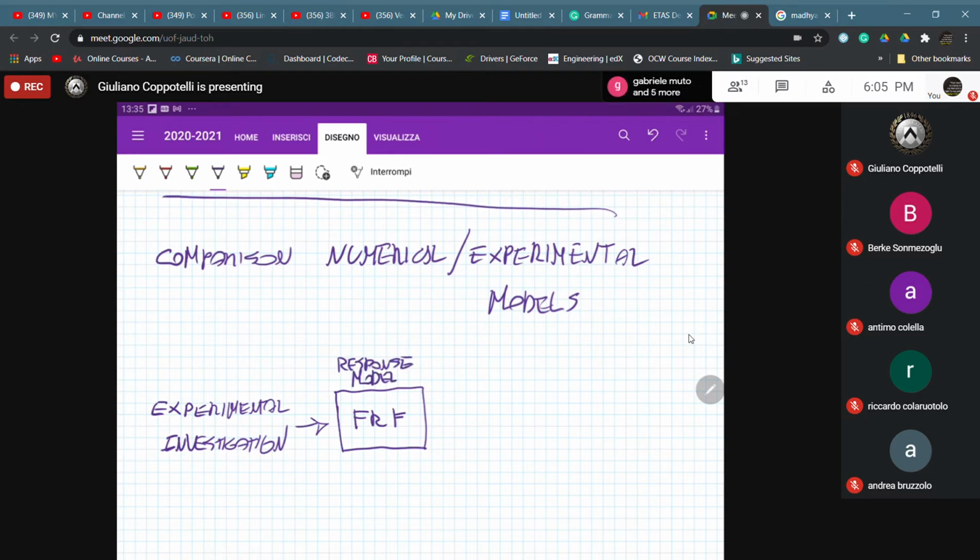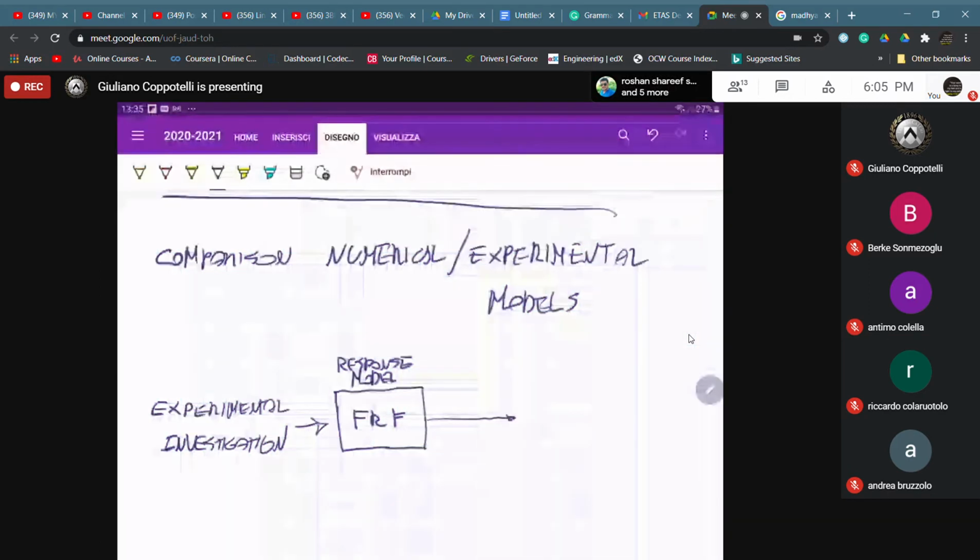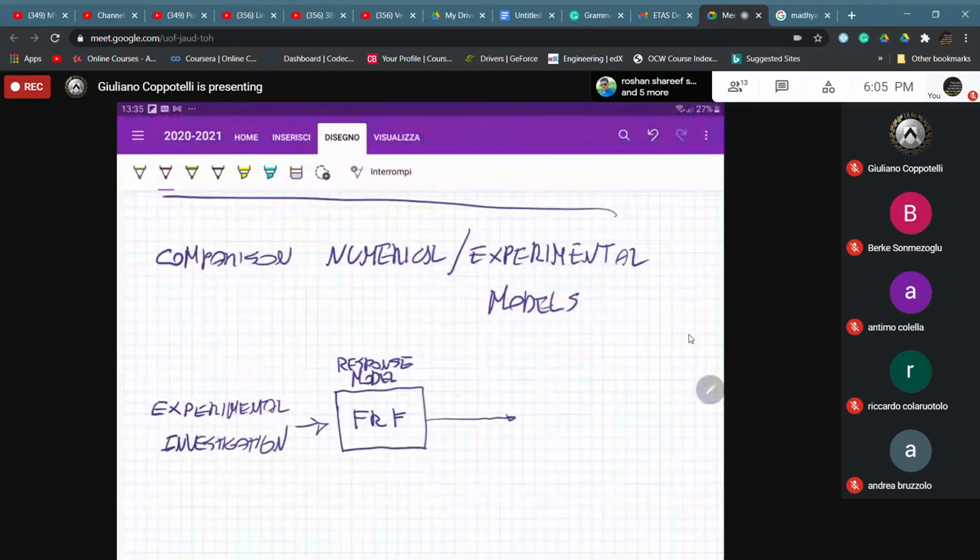And from these frequency response functions, through some estimating technique that we consider, we end up with our modal model.